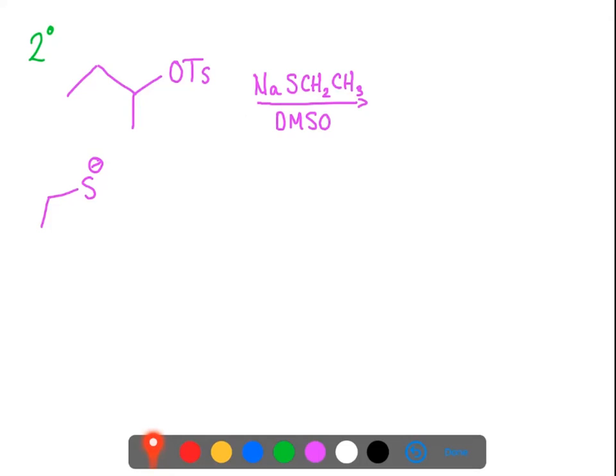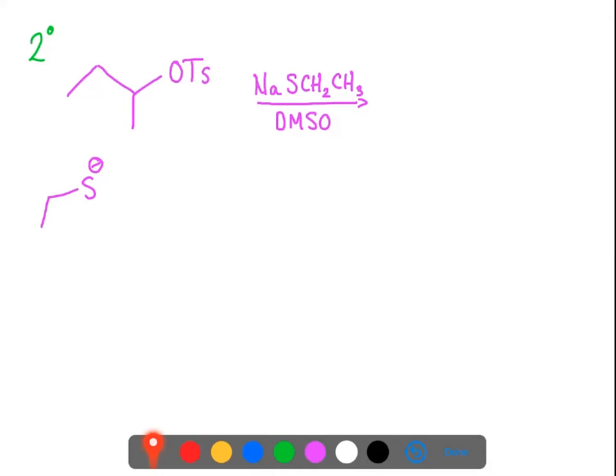Dimethyl sulfoxide, you may recall, is an aprotic solvent. That is, it's a solvent that is unable to form hydrogen bonds with nucleophiles. So as a result, by it not interacting with the nucleophile, it's promoting the SN2 reaction.